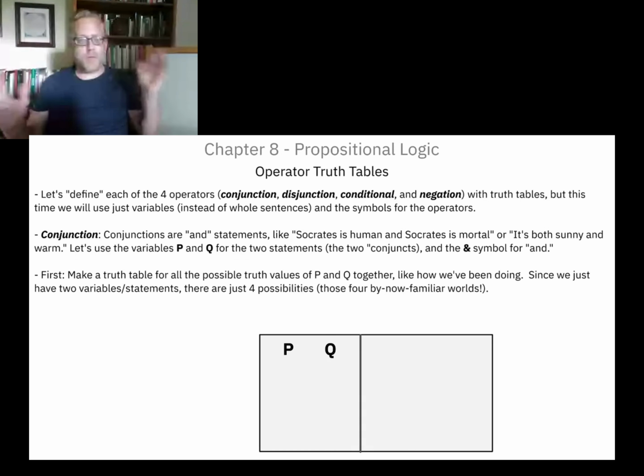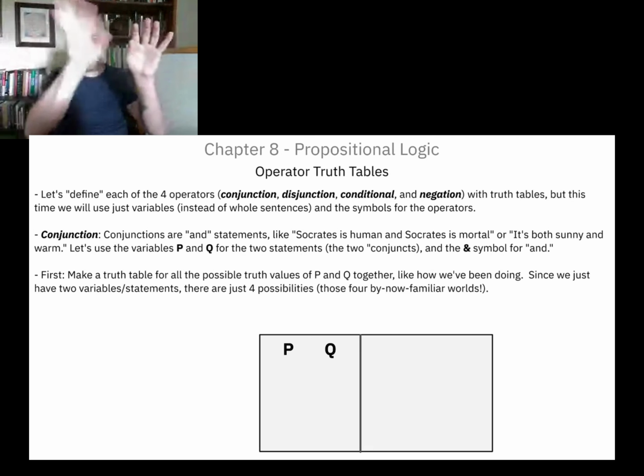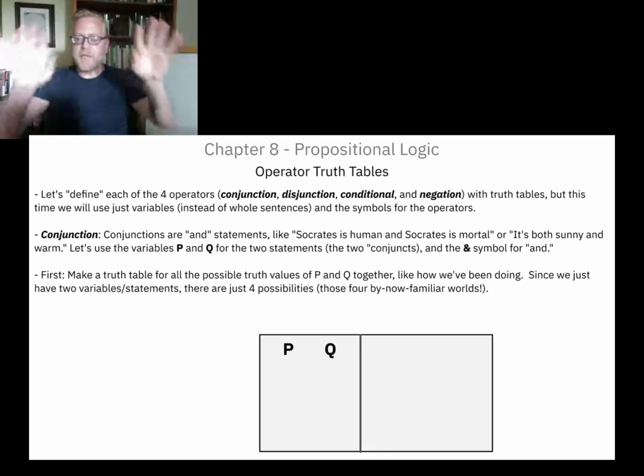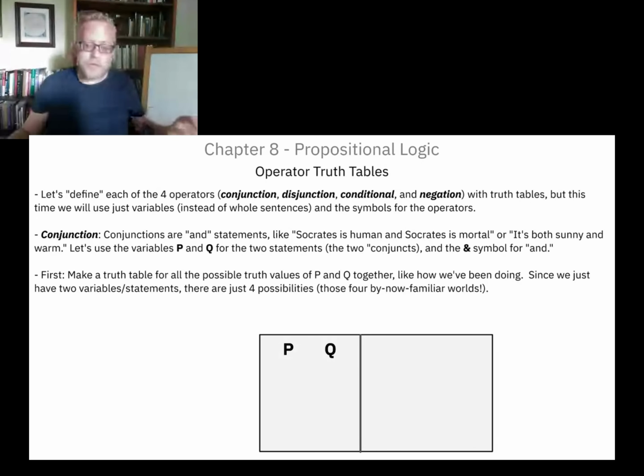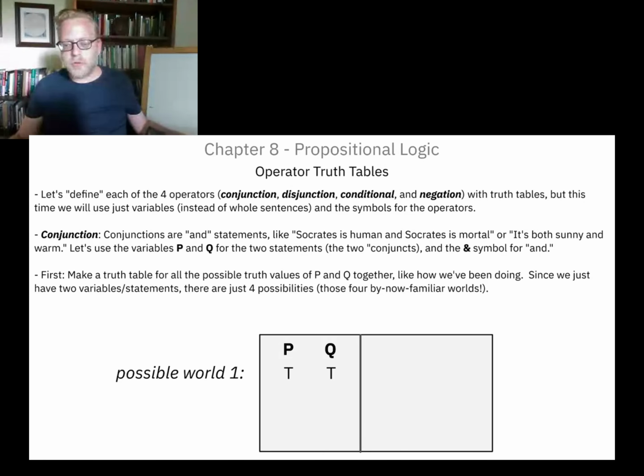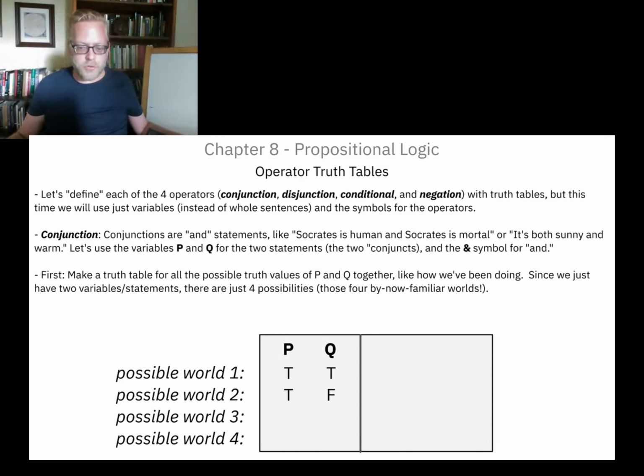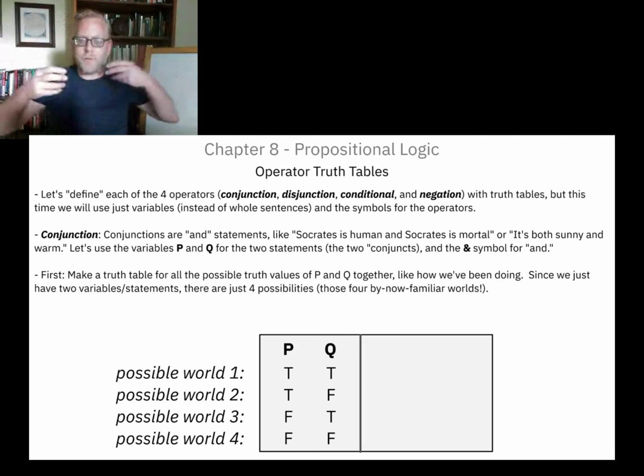You take 2 statements, separate, no operator in between them yet, just the 2 statements that are going to be involved, and then we'll set up the logical possibilities for them. Possible world 1, where they're both true. Possible world 2, where P is true and Q is false. Possible world 3, where P is false and Q is true. And possible world 4, the false world, where they're both false.